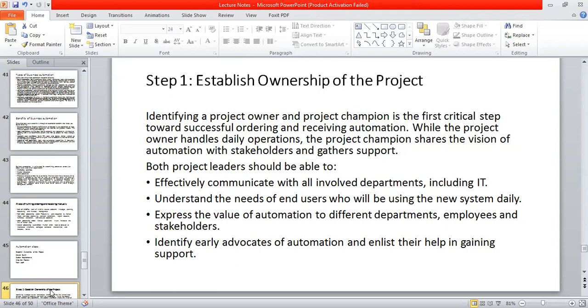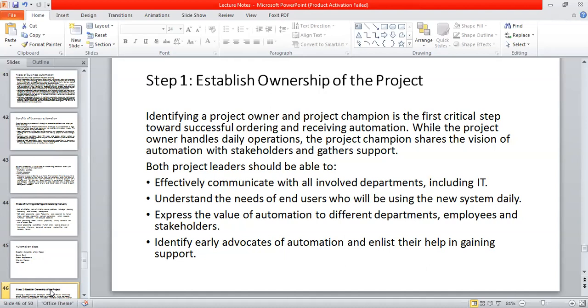There is need for the IT department to be aware and to make sure that the system can work with the internal system.